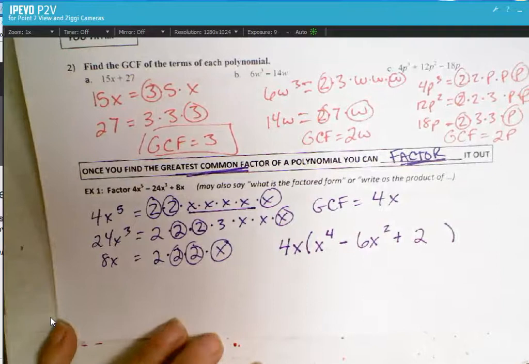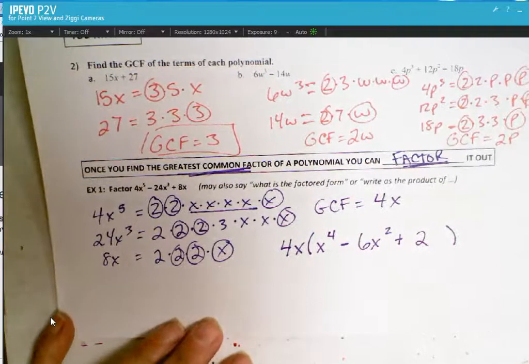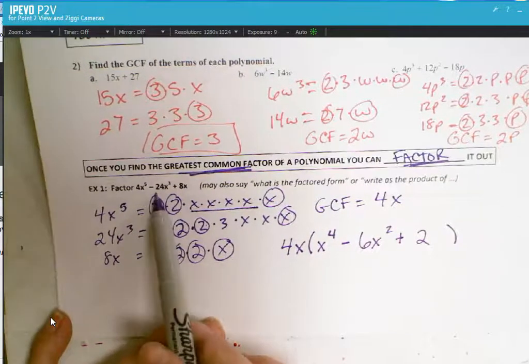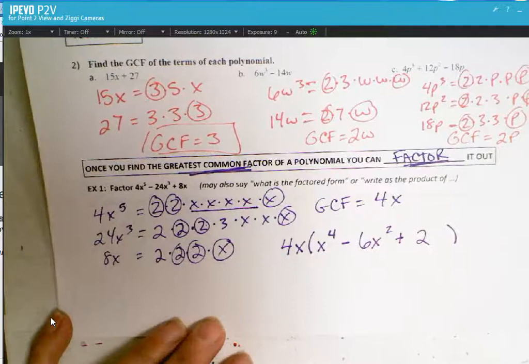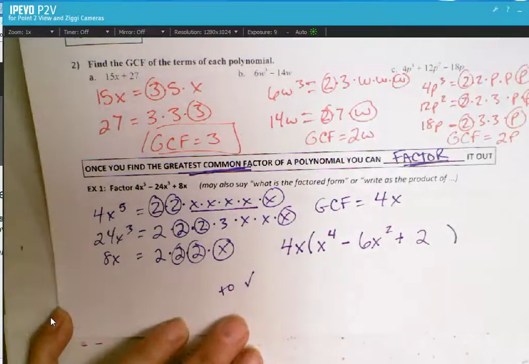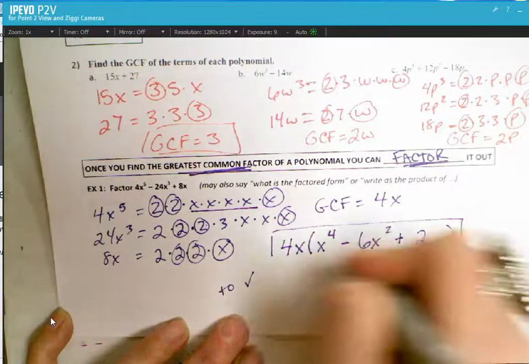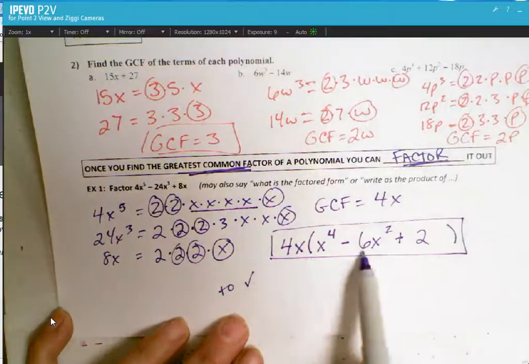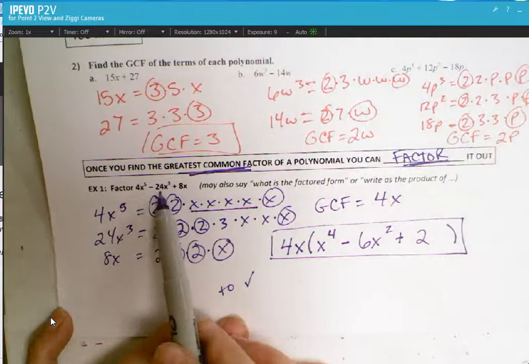That is the factored form of this given polynomial. If I want to check it, I'm just going to redistribute it. So this is my answer. To check it, I redistribute it and see if I end up back where I was.